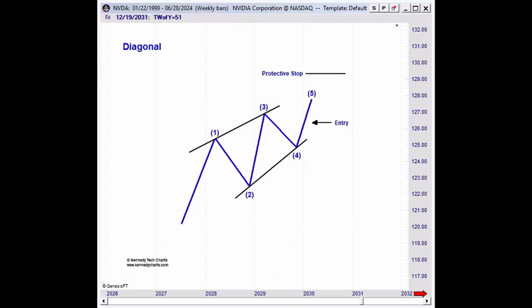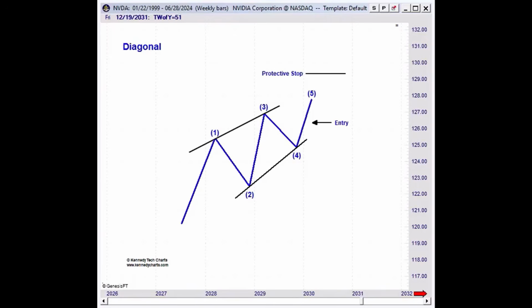Ultimately, I learned that there's not just a single best entry technique. There are multiple different entry techniques. There are multiple different ways to identify protective stops. There are many, many different ways to identify risk reward and how to manage risk once a position is actually taken. There's not just a single best way. Ultimately, you're going to have to figure out what works best for you.